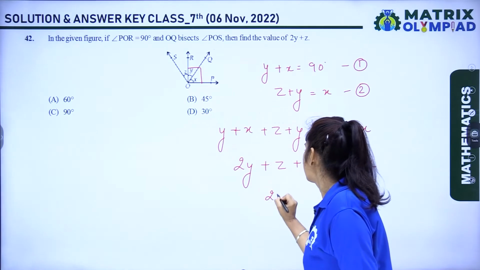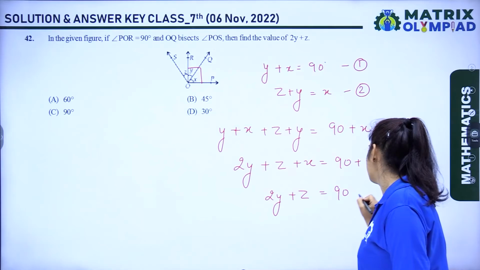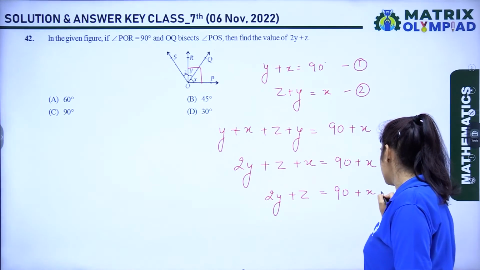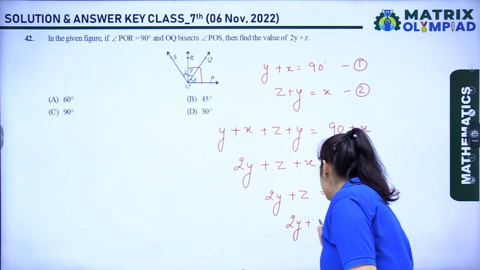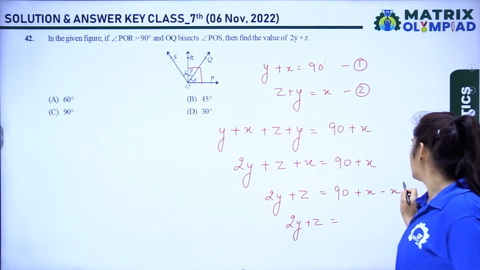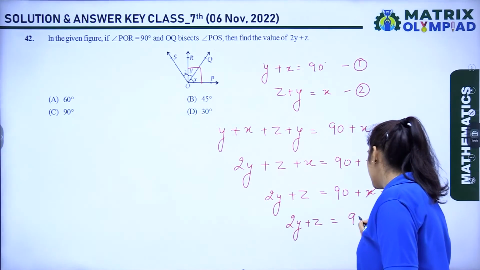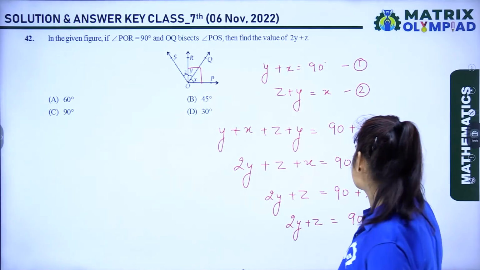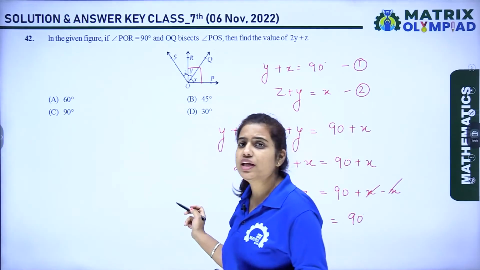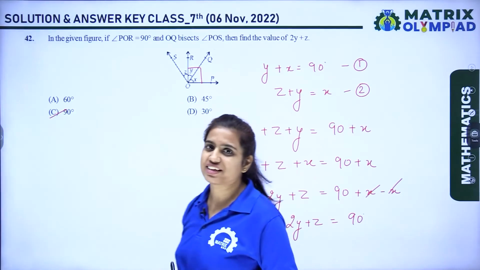So here we get 2y plus z equal to, transposing x on the other side, we get negative x. So 2y plus z equals positive x minus x, which cancel out, and we get 90 degrees. So the value of 2y plus z is equal to 90 degrees. Here, according to the question, option C is the correct answer.